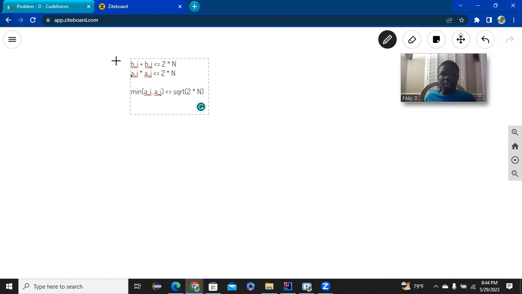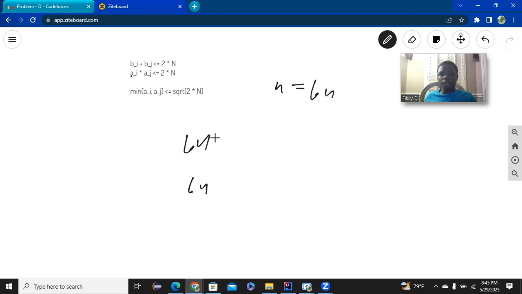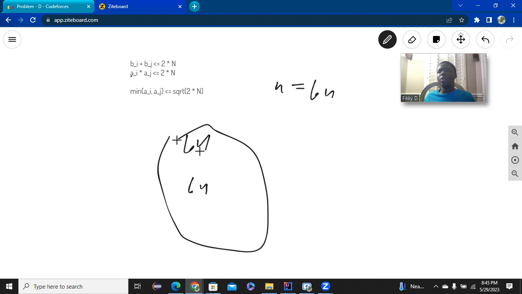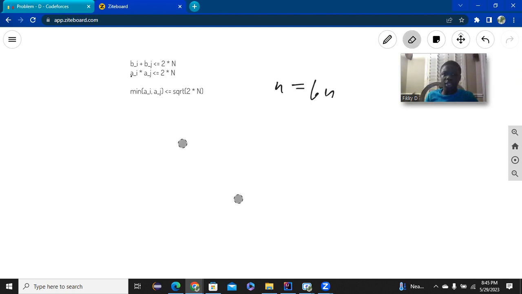Like for 64, let's say n is equal to 64, we know the product is going to be too big here, but you only know that after checking every single pair. Okay, that doesn't really make sense, but the idea is that if you fix a pair, it still feels like n squared because you have to go through all these other pairs. Fixing a pair doesn't really work in this case.